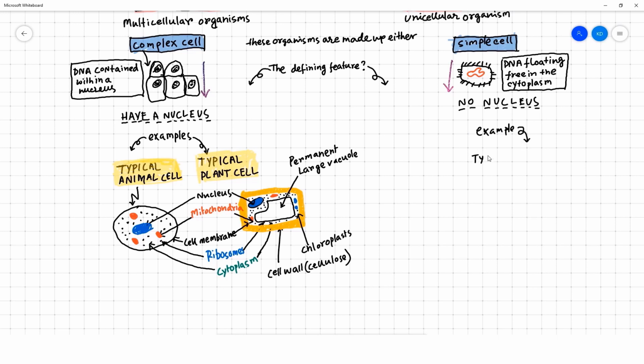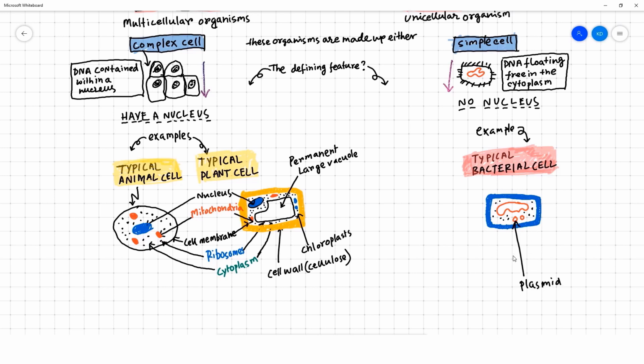And an example over here, this simple cell, bacteria. Also bacteria cells. Remember this one, the simple form of the cell you can find in the bacteria cell. Here I'm going to draw a bacteria cell. See this bacteria cell, and this is very simple, you can clearly see this.